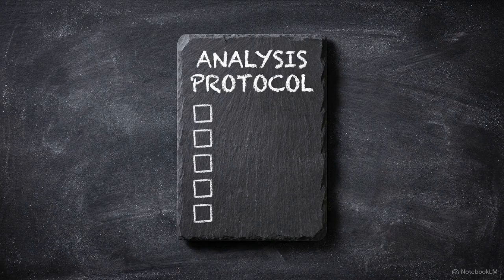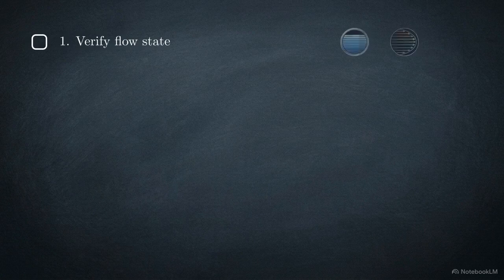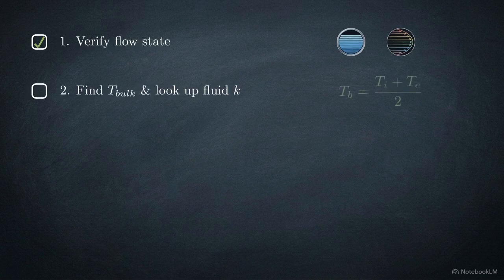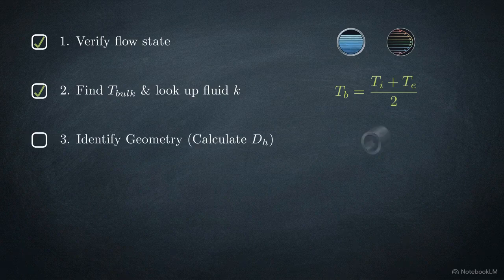We can summarize this process into a 5-step checklist for solving any internal laminar convection problem. Step 1. Verify that the flow is steady, laminar, and fully developed. Step 2. Calculate the bulk mean fluid temperature to find the correct thermal conductivity for your fluid. Step 3. Identify the geometry and calculate the hydraulic diameter if the pipe is non-circular.